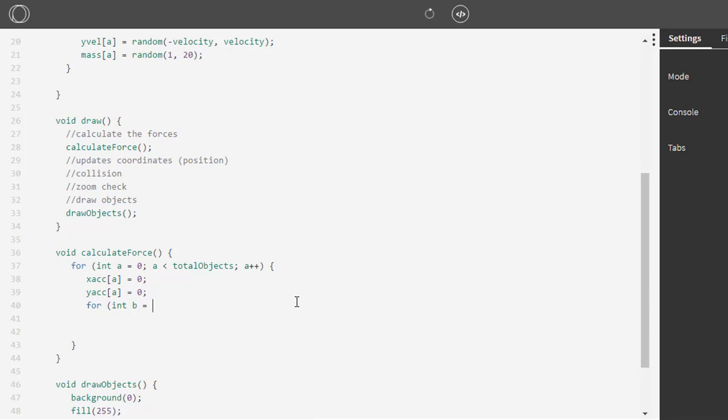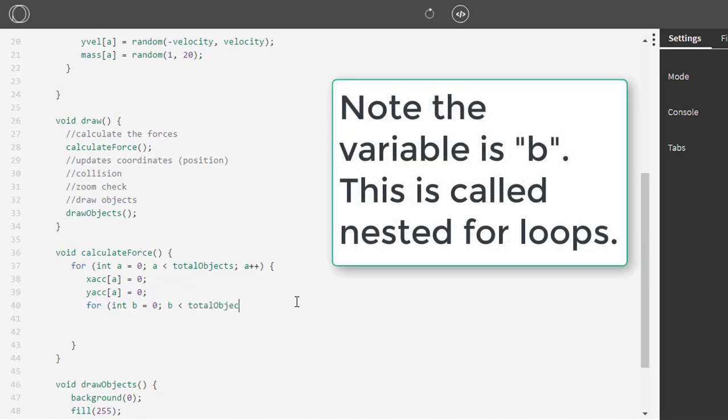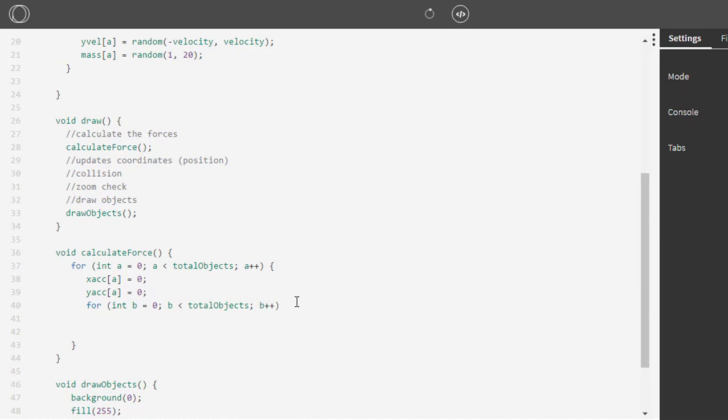So what I'm going to do is create another loop that basically walks through the array again and use a different variable, so b in this case.